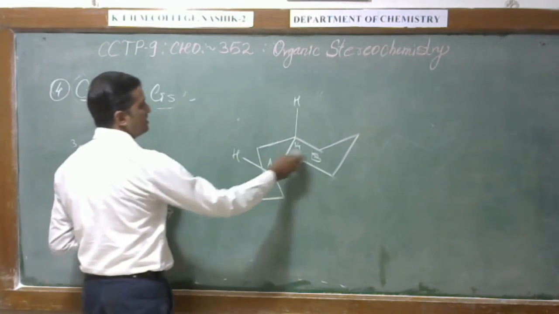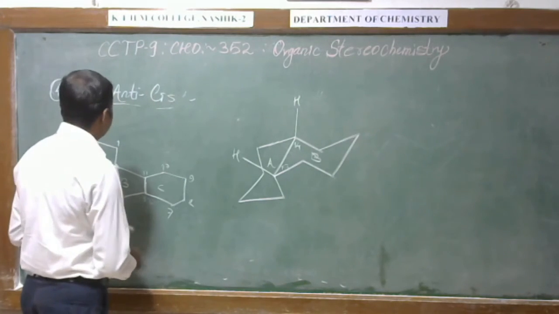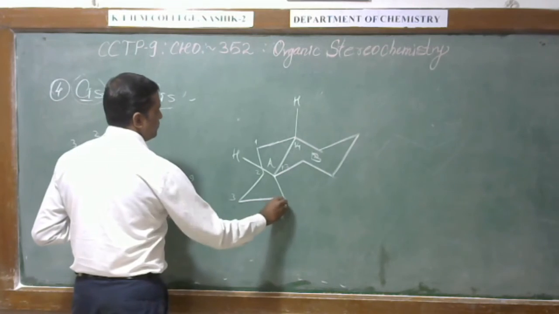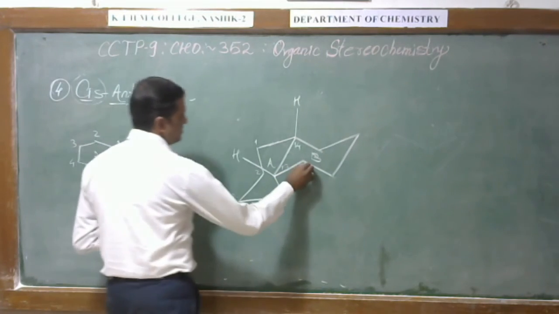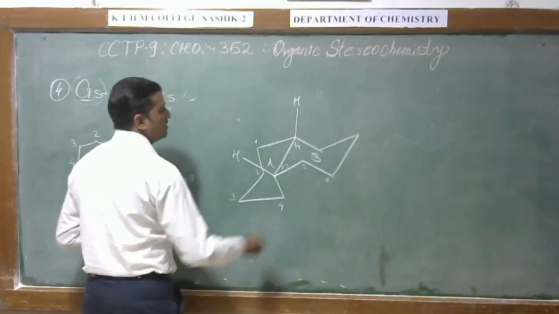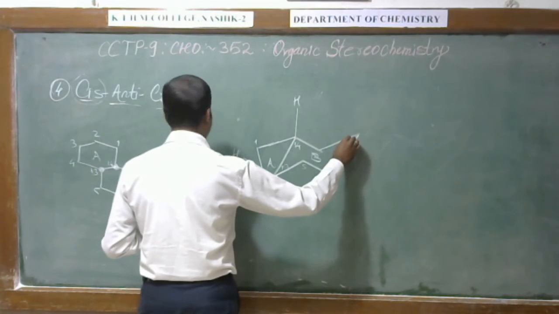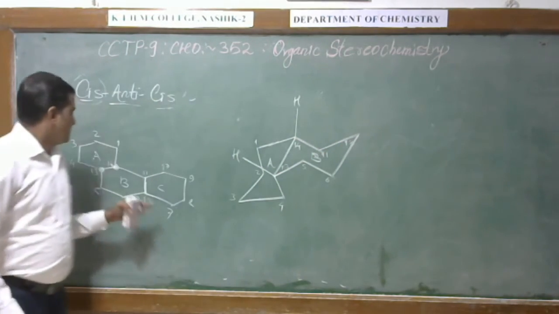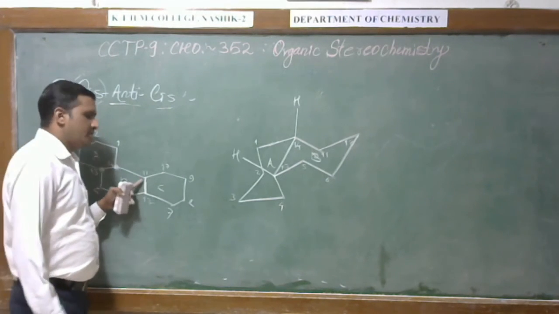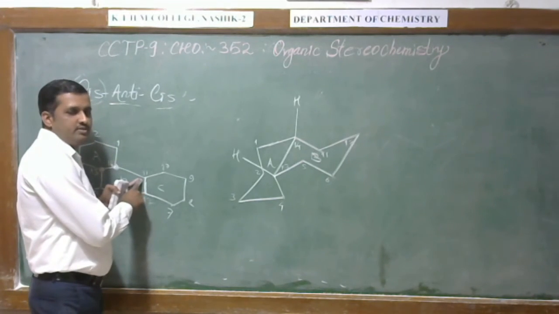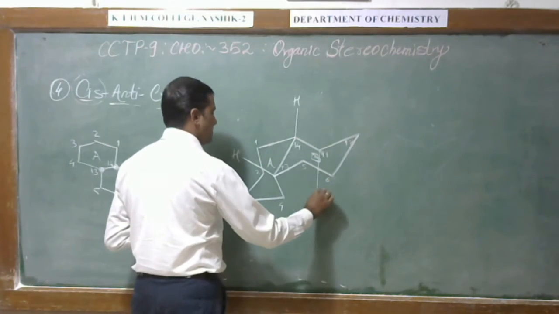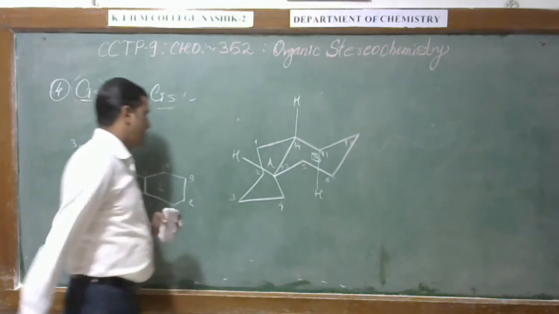We observe the cis-decalin type of system. And numbering is 1, 2, 3, 4 like this. Then this is a 5, 6. This is 12. Next one is 11. See the 11 carbon atom. 11 carbon does not have any hydrogen atom in upward direction, means hydrogen is present in downward direction. Here it is axial like this.